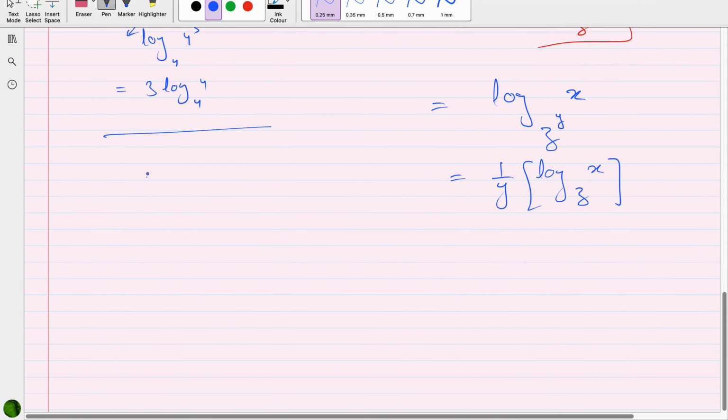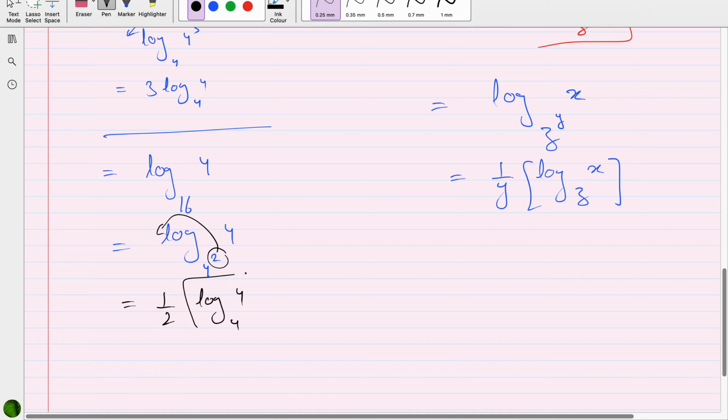So if we have a number log of 4 to base 16, if this is the question, I can write log of 4, this is 4 square. Now when you bring this 2 out, this comes out as a reciprocal. So 1 by 2 log of 4 to base 4, is 1 by 2, as we know that log of x to base x is equal to 1.